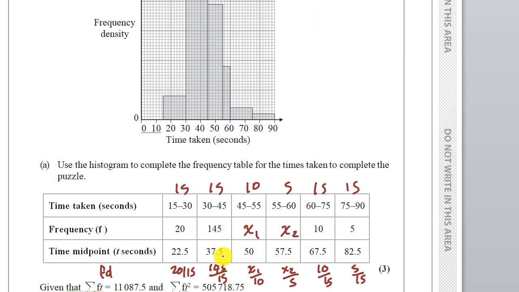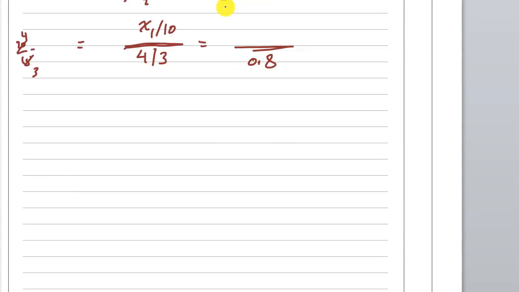H1 is from 45 to 55, which is this one: 1, 2, 3, 4, it's 4 with 0.1 less, so 3.9.